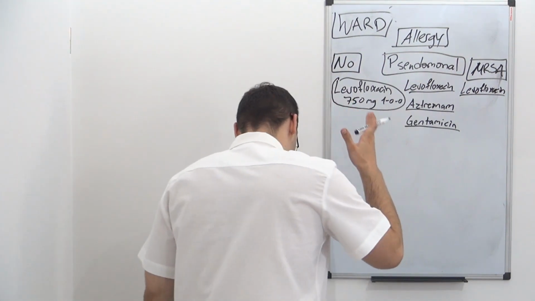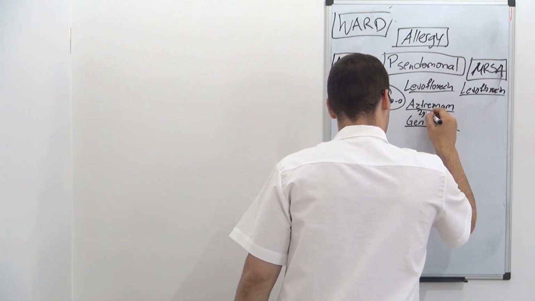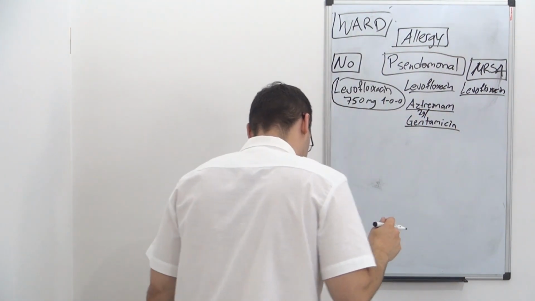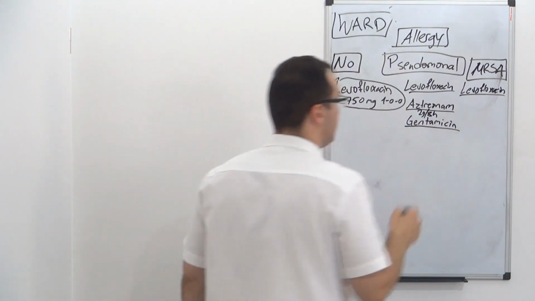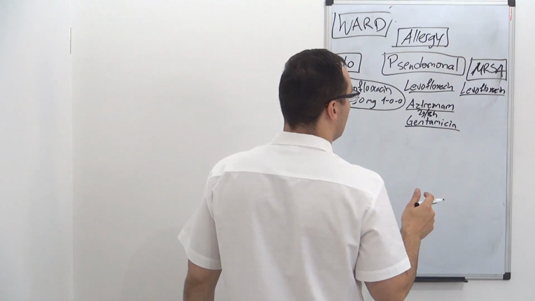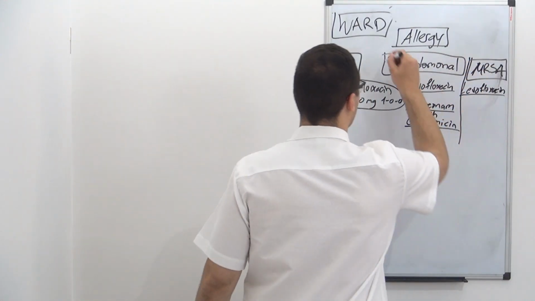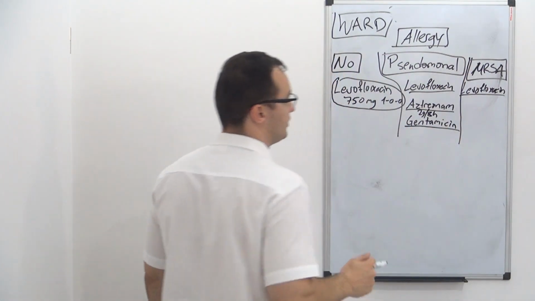I have Aztreonam, which is 2 gram every 8 hours, and gentamicin. So Aztreonam you give 2 gram every 8 hours. Good. What do I give for MRSA patients?